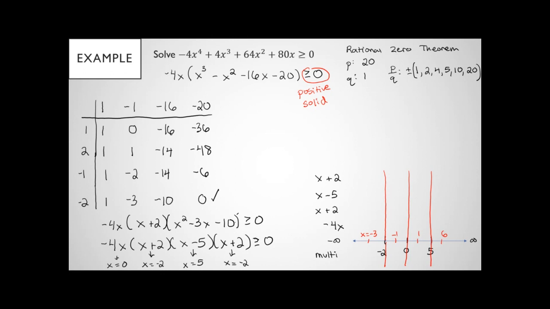Negative 3 plus 2, that gives me negative 1, so that's negative. Negative 3 minus 5 is negative 8, so that's negative. Negative 3 plus 2, that's negative again. Negative 4 times negative 3 is a positive 12, so that's going to give me a positive there. I have an odd number of negative signs, so the multiplication will be resulting in a negative.